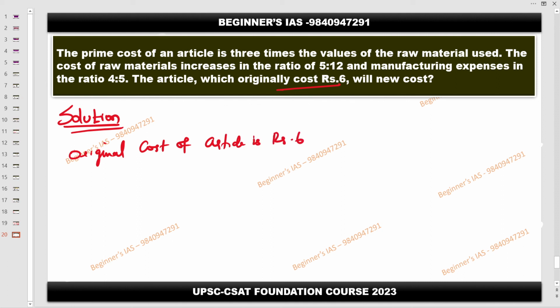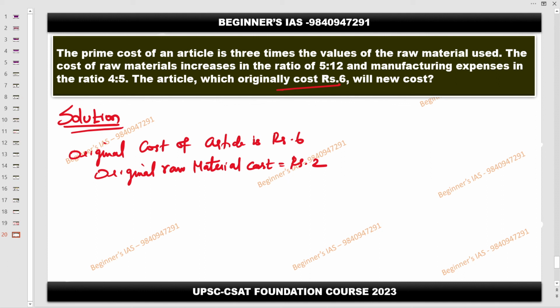Okay. So first of all, find out the raw material cost. What is the original raw material cost? 2 rupees.